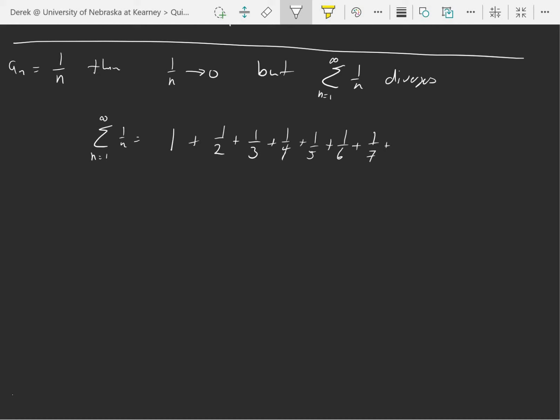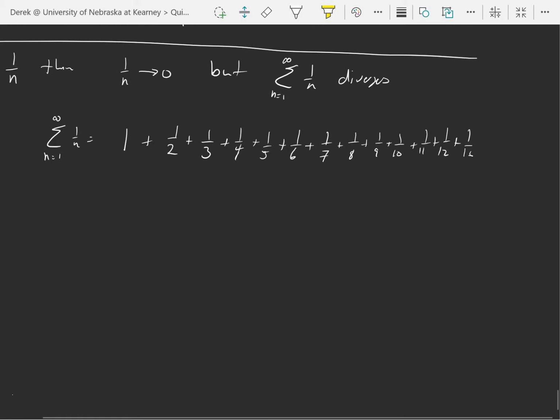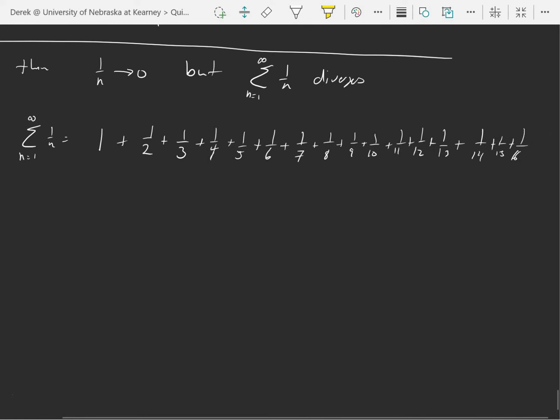I'm going to write out 16 of them, because at 16 I can sort of show the pattern of what's happening. I might have to slide over a little bit. That's a 13. And plus ... Okay.